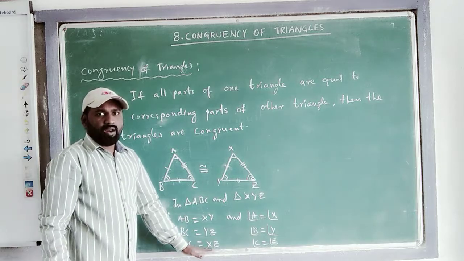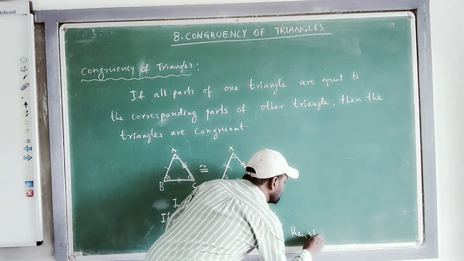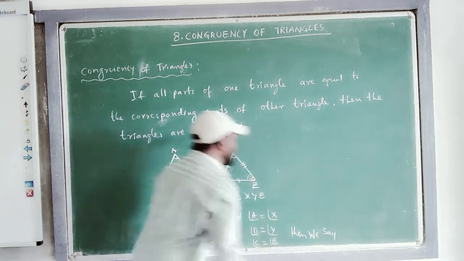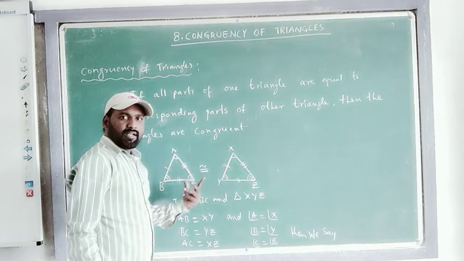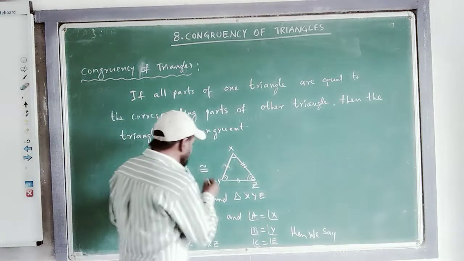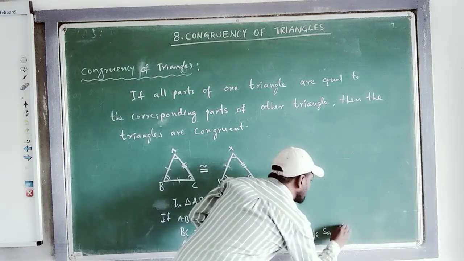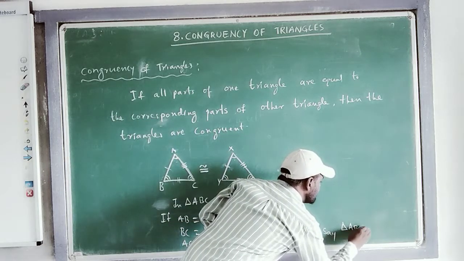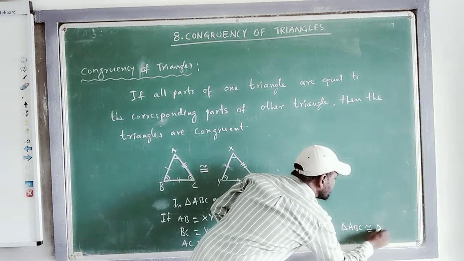If they are equal, then we say these two triangles are congruent to each other. Here we use the symbol, this is the symbol of congruency. So triangle ABC is congruent to triangle XYZ.